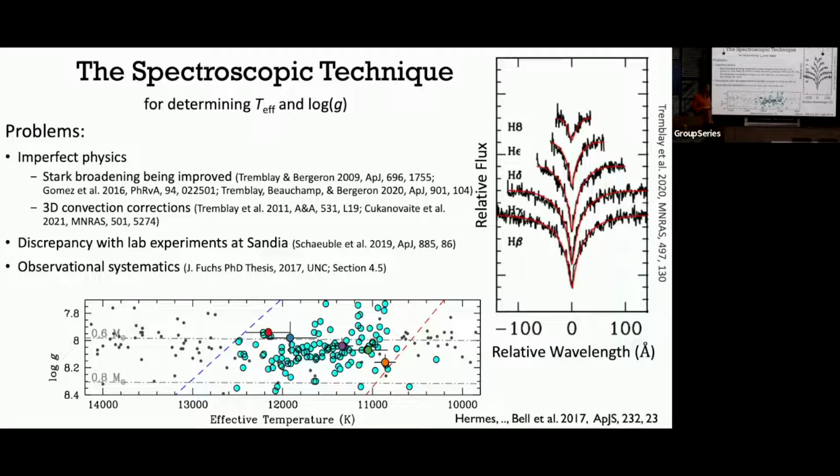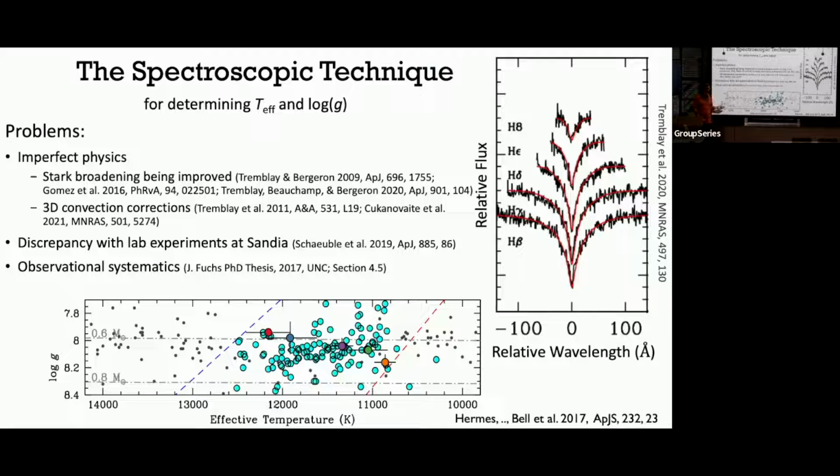There's a really great PhD thesis from Josh Fuchs, where he compared a bunch of different approaches to measuring the spectroscopic log g's and effective temperatures of the same white dwarfs with different instruments under different observing conditions, with different choices of where to normalize the spectrum, what to treat as the continuum, and how to remove the continuum from the spectra, and showing that all of these decisions have a really direct effect on what the final values that you get out of that analysis are.